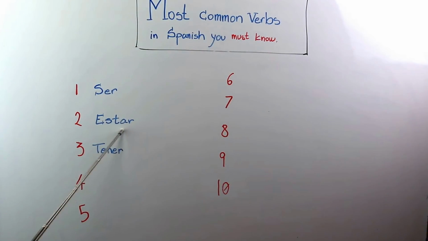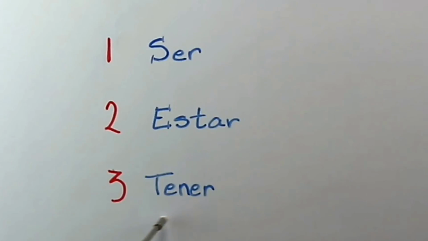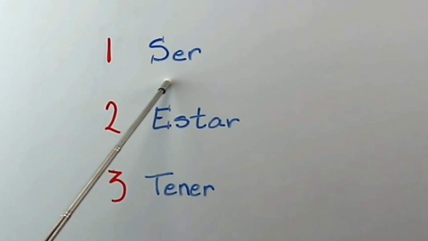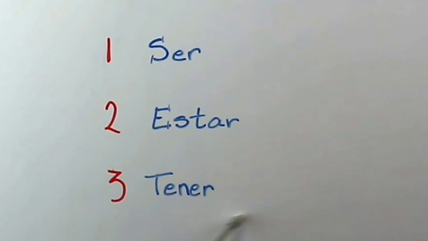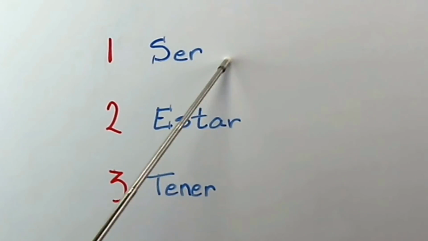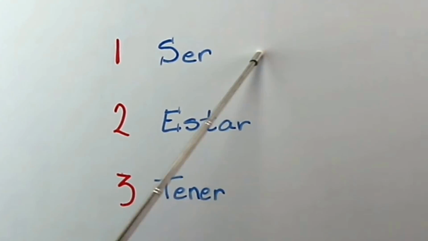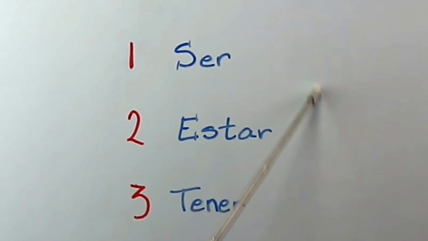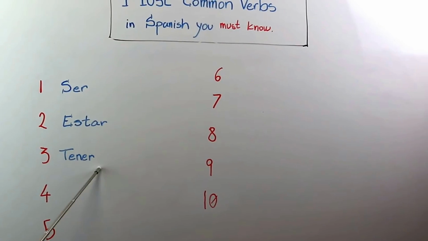Whereas estar, it's an AR verb. It ends with an A and an R. Now, look, can you see what tener and ser have in common? Look at them carefully. Look at the ending, ER, ER. So both of them are ER verbs, ser and tener.